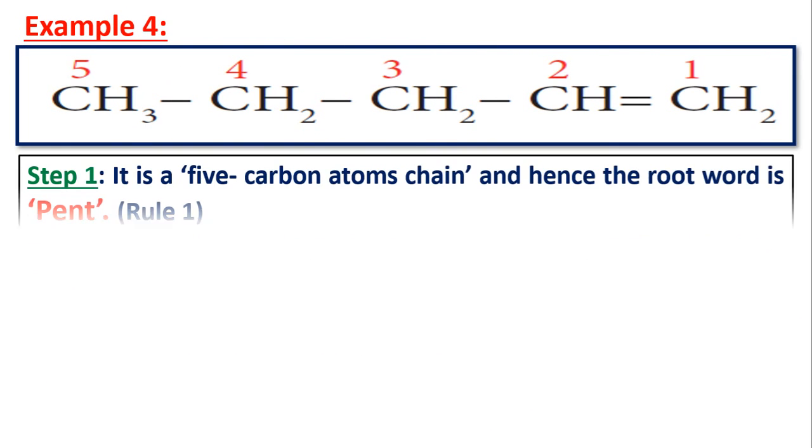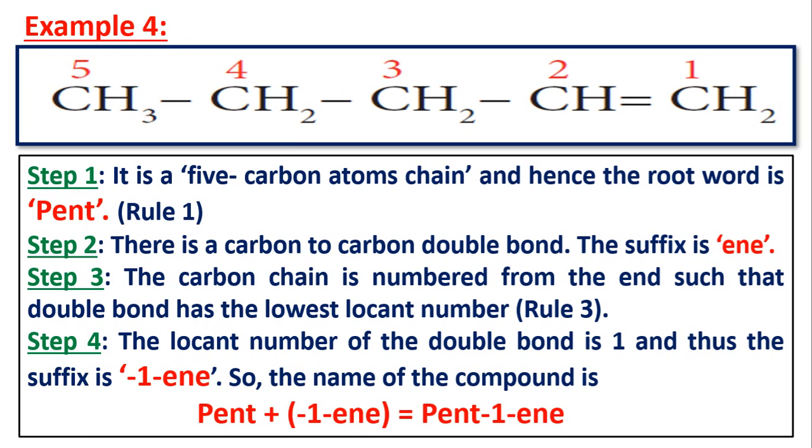Example 4. First, you come to the compound CH3, bond CH2, bond CH2, bond CH, double bond CH2. Here there is only one chain, but how to number the carbon atoms, from the right side or the left side?